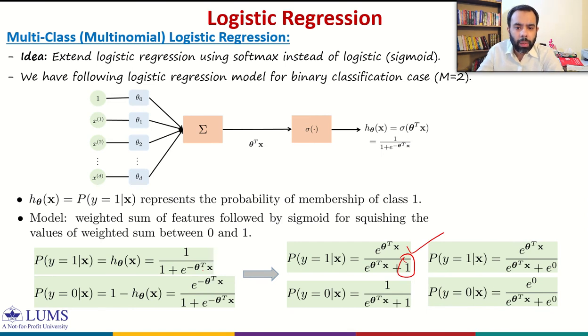If you observe these two, for y equal to 1 we have exponent of theta transpose x in the numerator, and in the denominator we have exponent of 0 plus exponent of theta transpose x. For y equal to 0, we have exponent of 0 in the numerator and the denominator stays the same. So we will build on this concept very shortly.